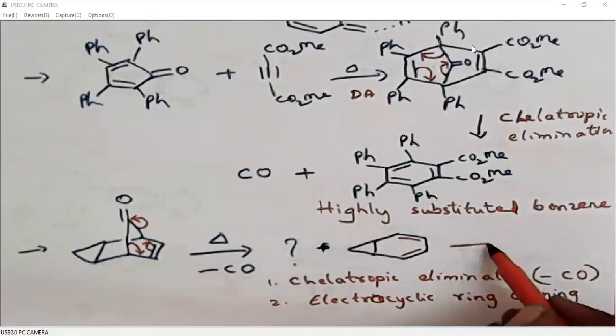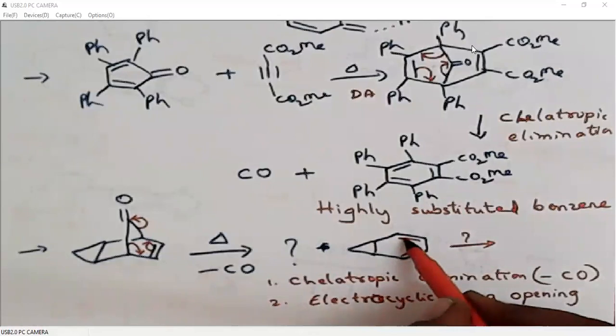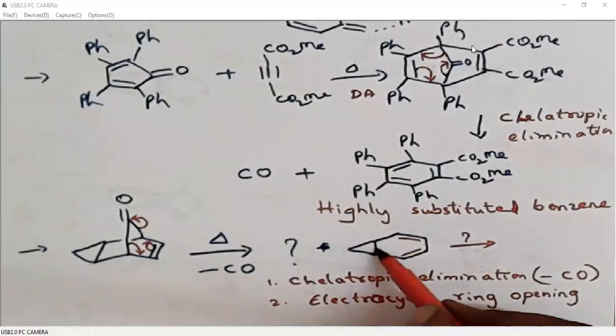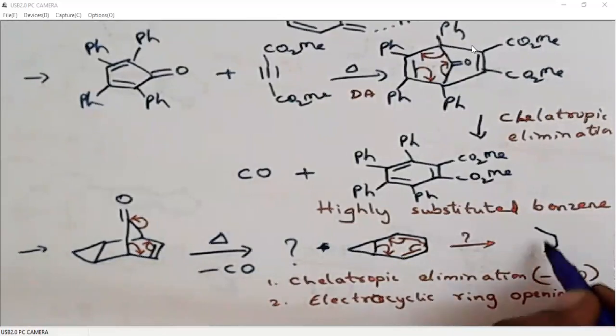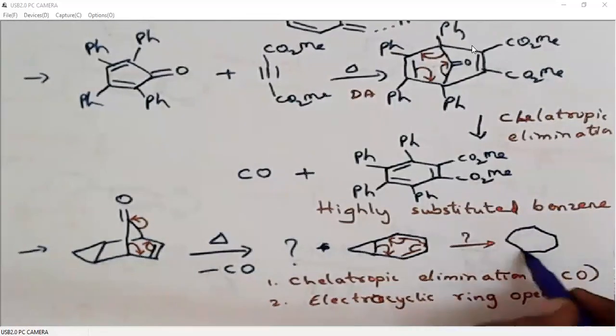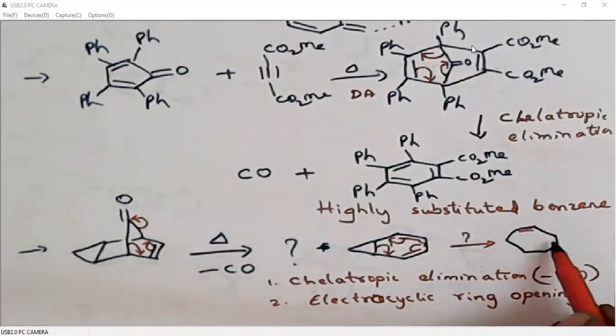Now this will undergo an electrocyclic ring opening, a 6 pi electron electrocyclic ring opening. So we can break this 3-membered ring like this, so that it generates a 7-membered system. Of course, I'll discuss these things during electrocyclic reactions, but here the product is this one. It is a homoaromatic compound.